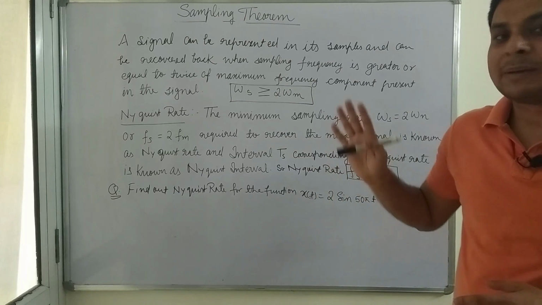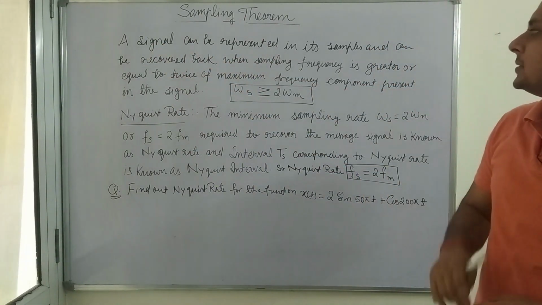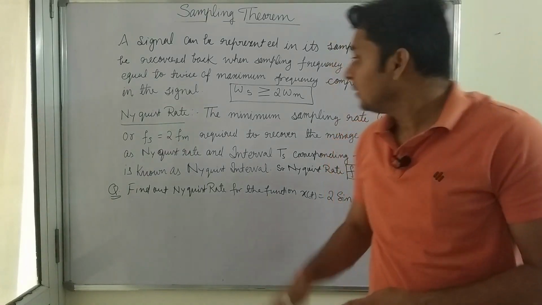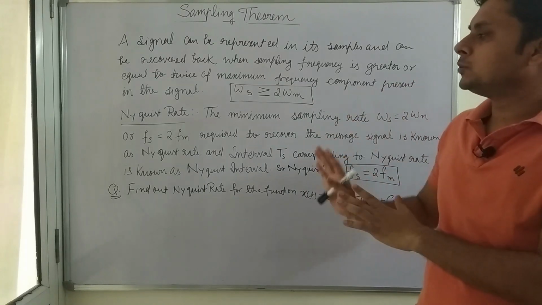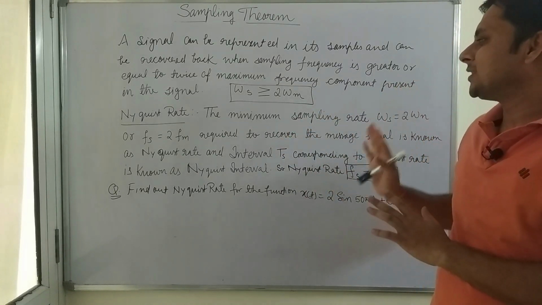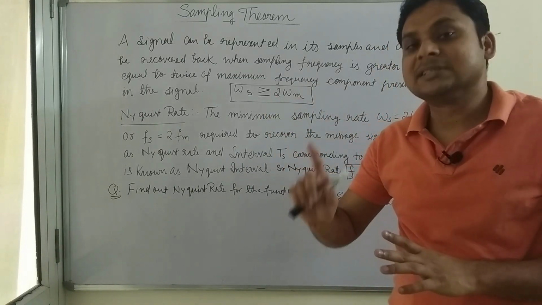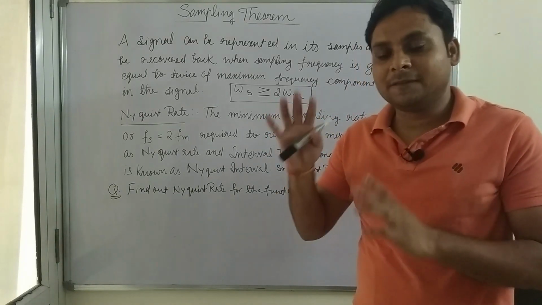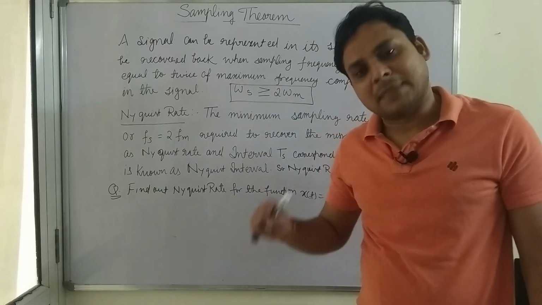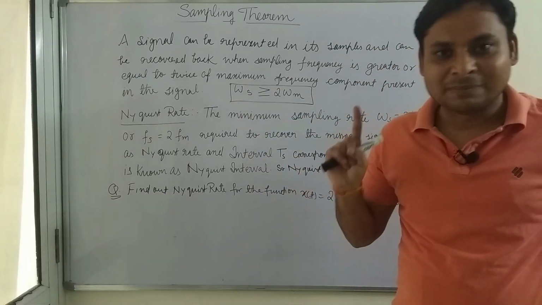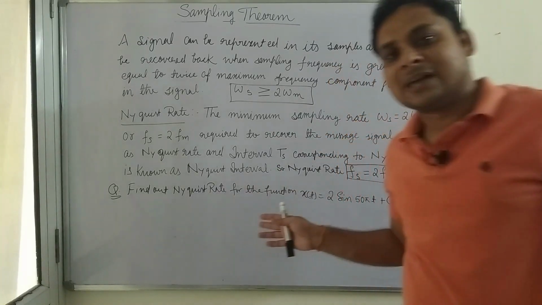The statement of sampling theorem: a signal can be represented in its samples and can be recovered back when the sampling frequency is greater than or equal to twice the maximum frequency component present in the signal. If many frequency components are available in the signal, then we will take the maximum frequency of the message signal. Okay, we will understand it with an example also.